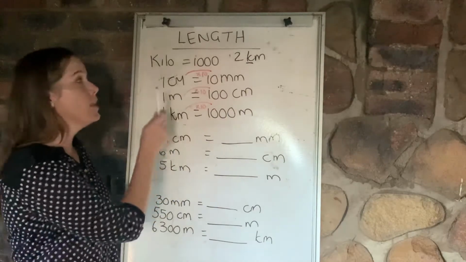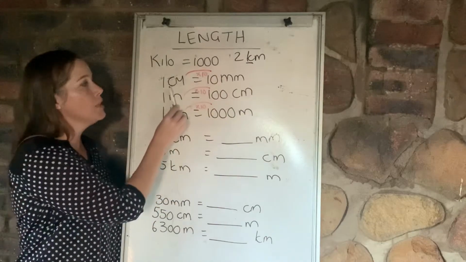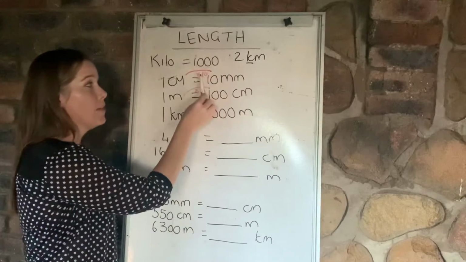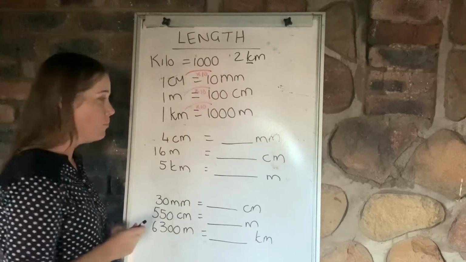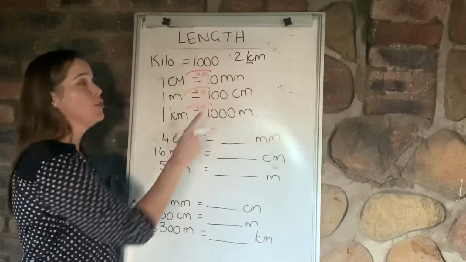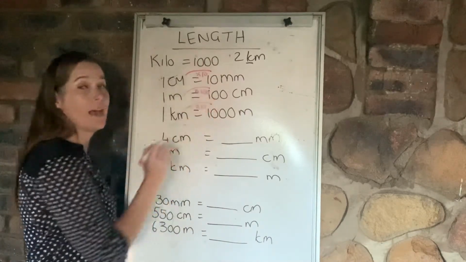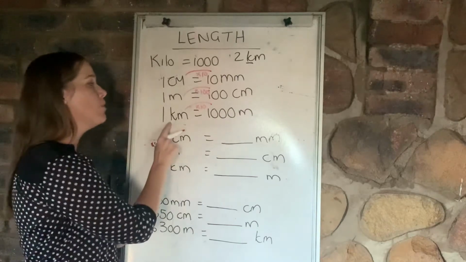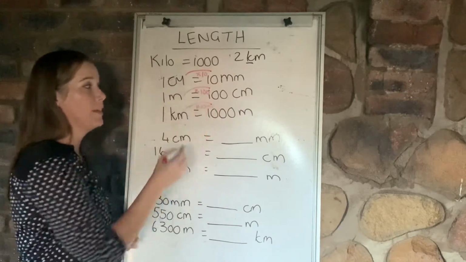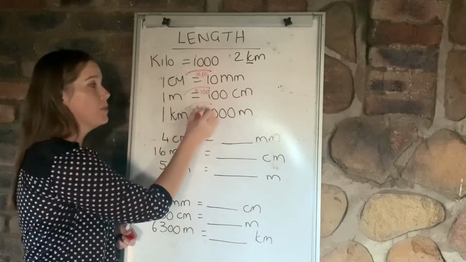Very important to notice that to get from 1 centimeter to millimeters, you times by 10. To get from 1 meter to centimeters, you times by 100. And to get from 1 kilometer to meters, you times by 1,000. That is very important.